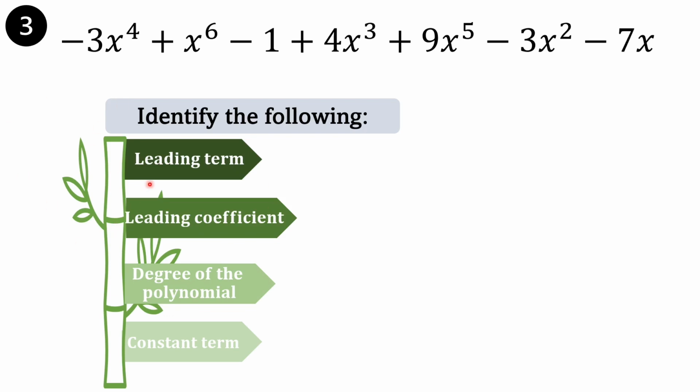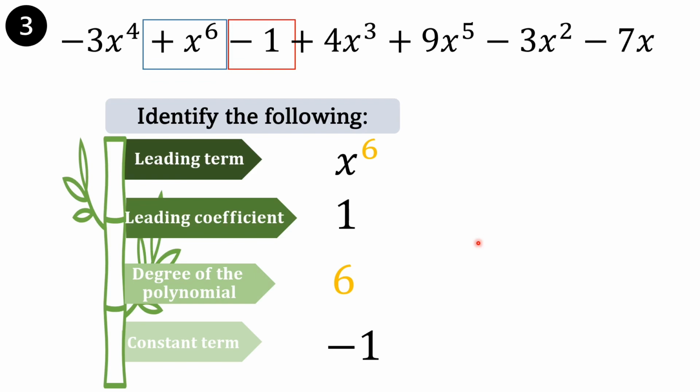The leading term is the term with the highest power of its variable, and that is positive x raised to 6. The leading coefficient is 1. The degree is 6. And the constant term, the term without a variable, is negative 1.